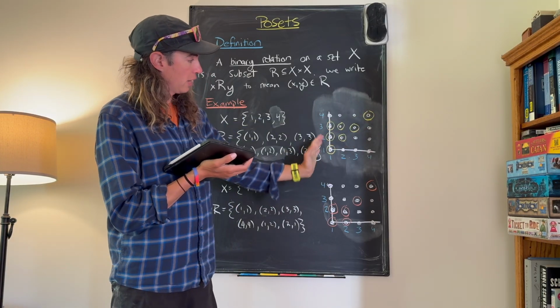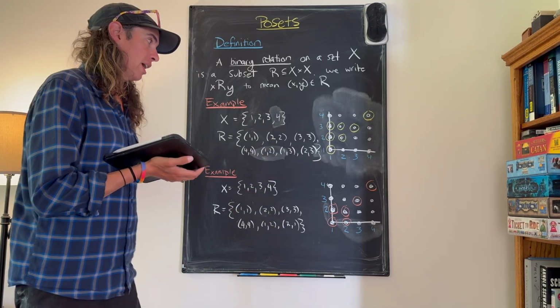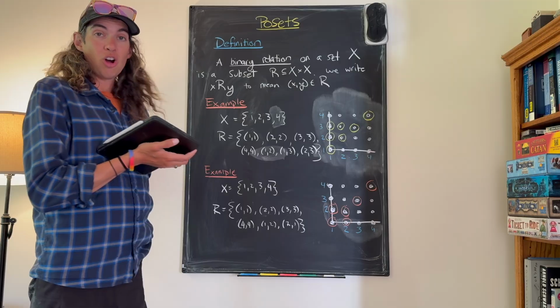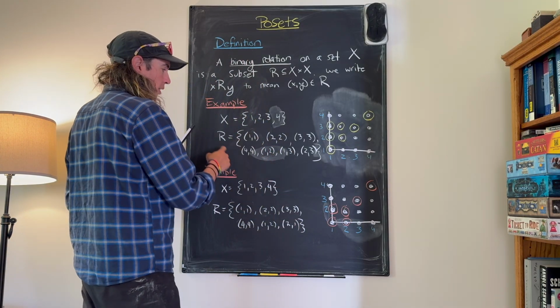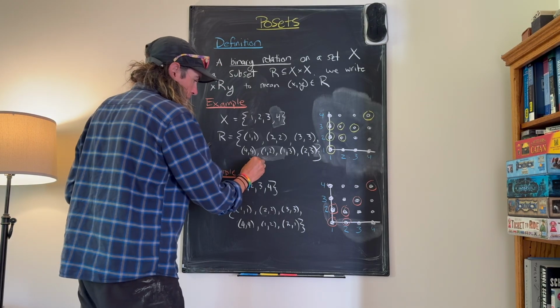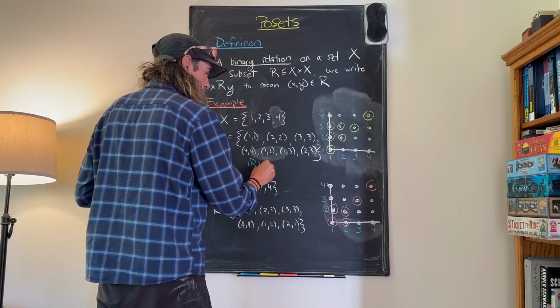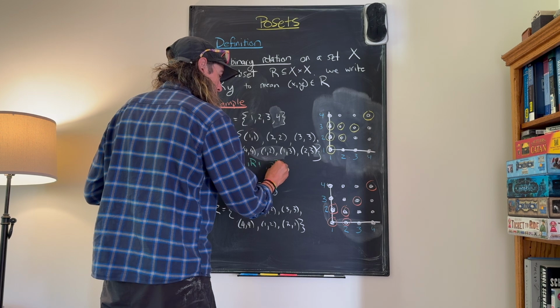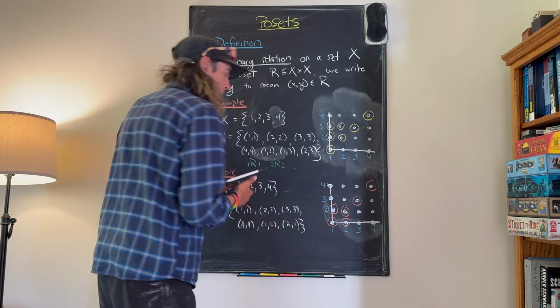I've drawn X cross X, that's what this grid is, and then I've circled all of the elements which are in R. For example, because (1,1) is in R, we write 1 R 1. And because (2,2) is in there, we write 2 R 2, etc.